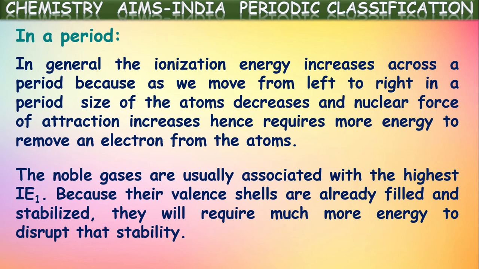We know these noble gases are at the extreme right side of the periodic table, and they have a completely filled outermost shell, that we call octet or duplet configuration, isn't it? Because of this, the removal of an electron from these elements becomes very difficult, because a high amount of energy should be supplied to disrupt this octet or duplet configuration. Hence, their ionization energies are highest in a period.